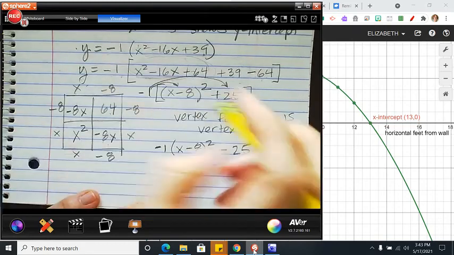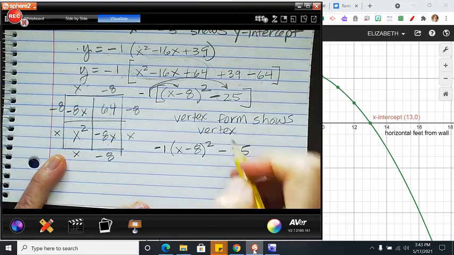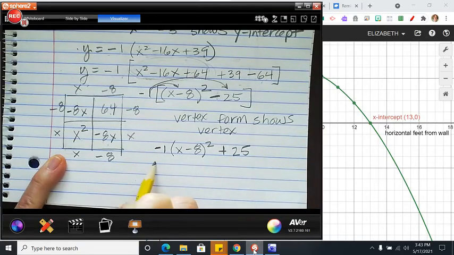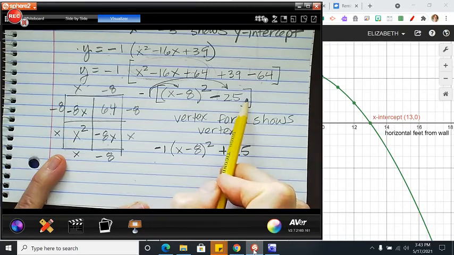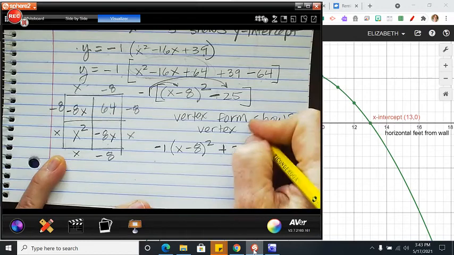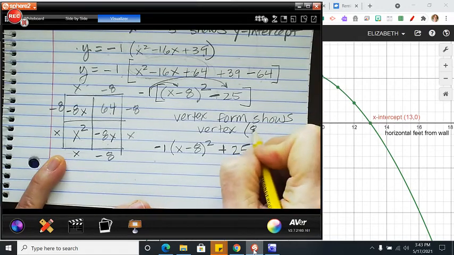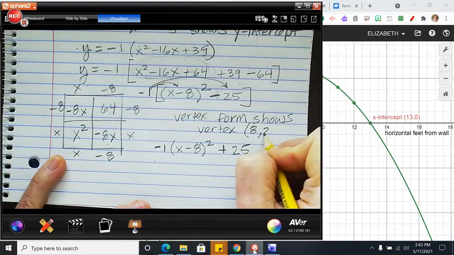Wait a second. That's a negative 25. Whoops. And then it turns into positive when I distribute the negative 1. Okay, there we go. Positive 39 and negative 64 is negative 25. Distribute negative 1. So my vertex is seen in vertex form. It's 8 and 25.